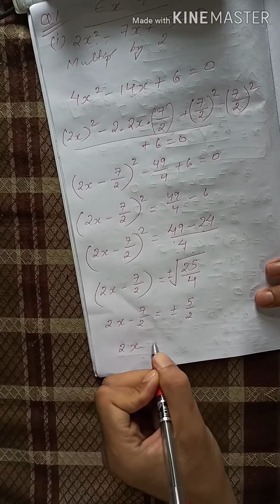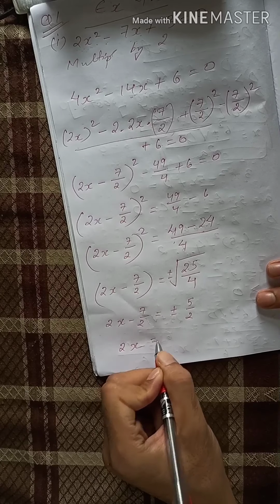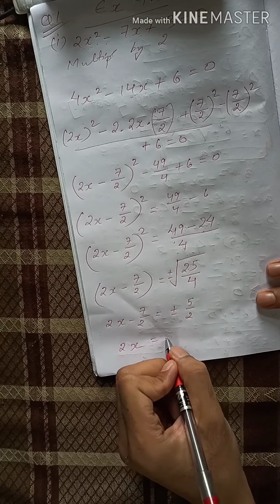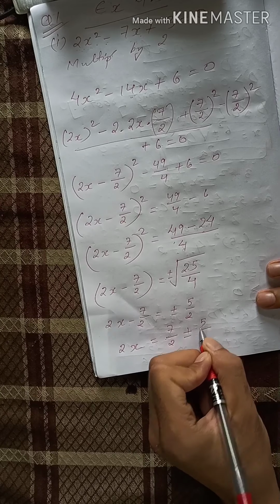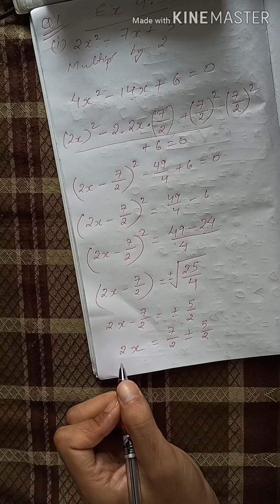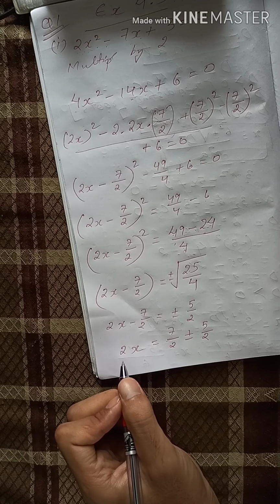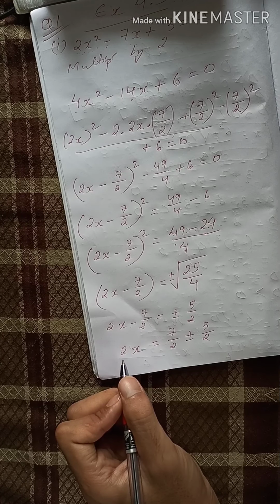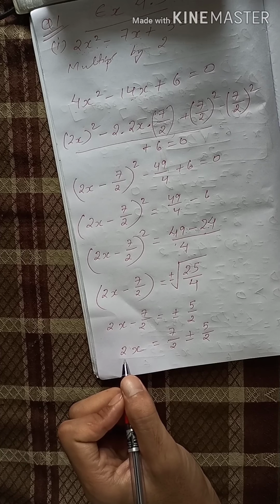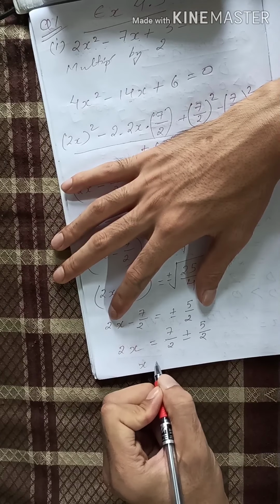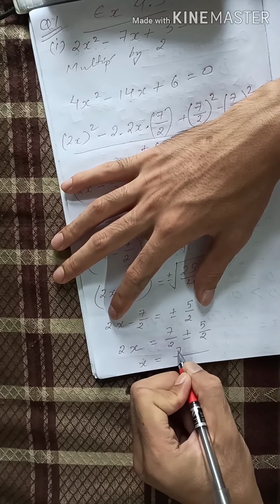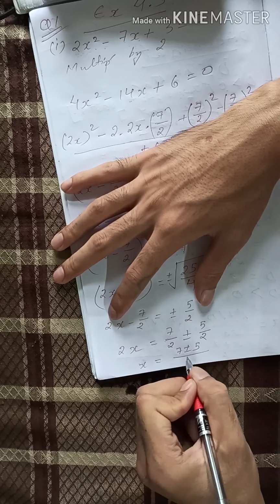So 2x equals, I'm shifting this, 7 by 2 plus minus 5 by 2. So see, you can write this down like this: 7 plus minus 5 by 2.